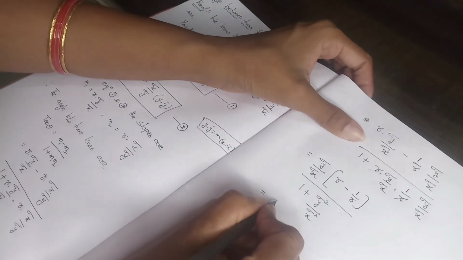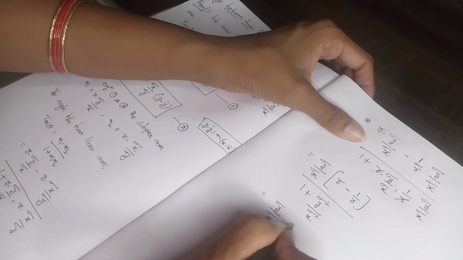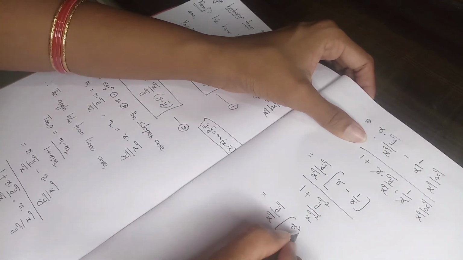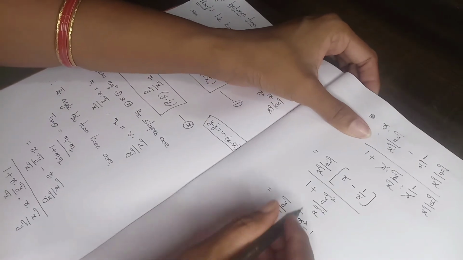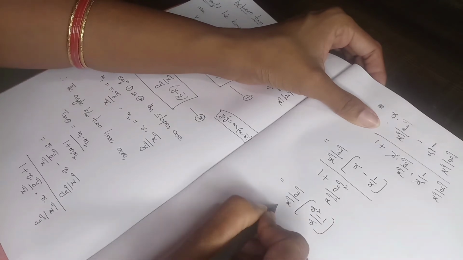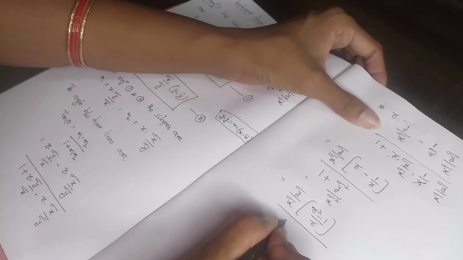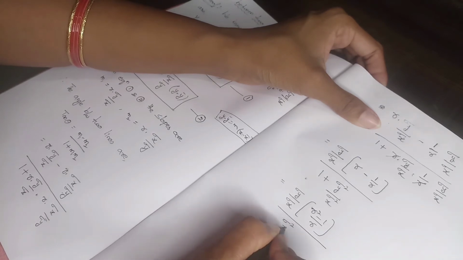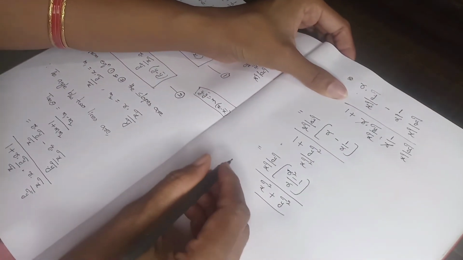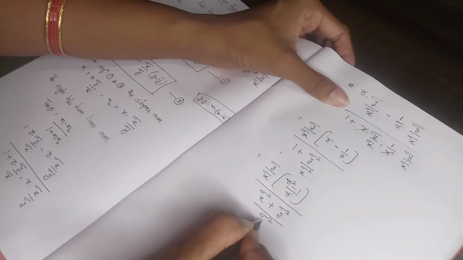After that we'll simplify this one. Standard deviation of y by standard deviation of x into, here I am going to take the LCM. So r square minus 1 by r, by, this one also LCM process, so variance of x plus variance of y by variance of x.